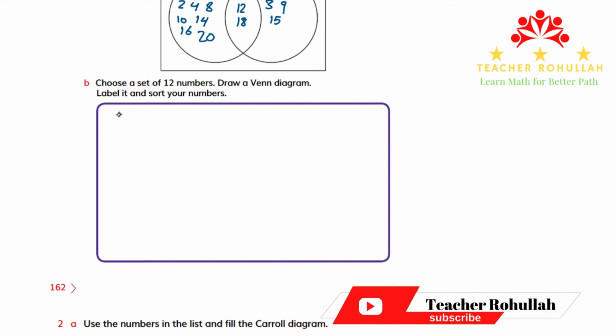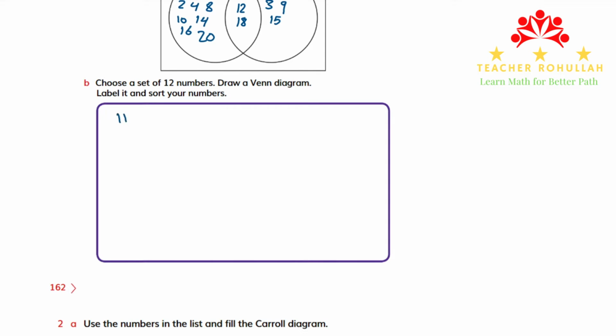We will keep the numbers small, so I will write 11, 12, 15, 18, let's say 25, 24, 36, 30, and let's say 16, 21, 1, 2, 3, 4, 5, 6.